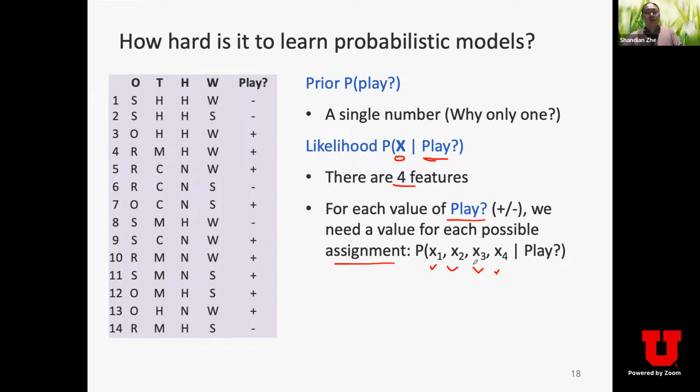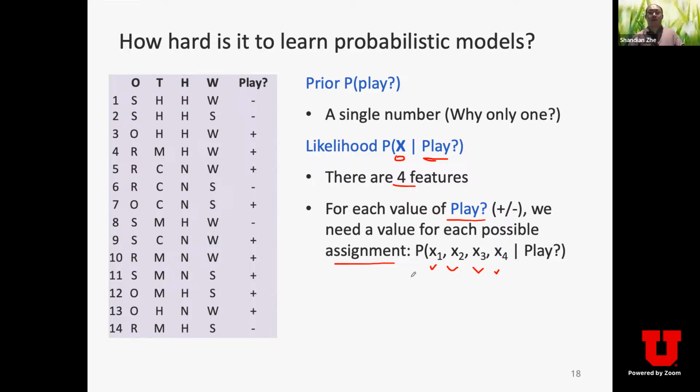So X1, X2, X3, X4 represent overcast, temperature, humidity, and wind, right? So actually you need to assign a probability over every possible combination of these 4 feature values. So how many combinations do we have?